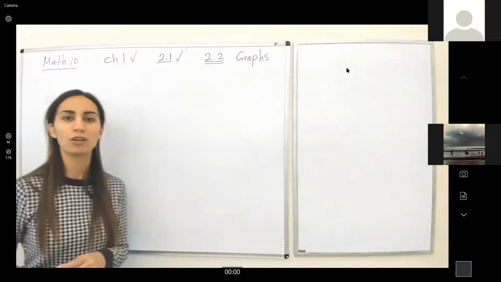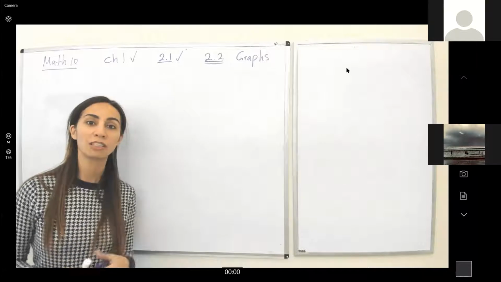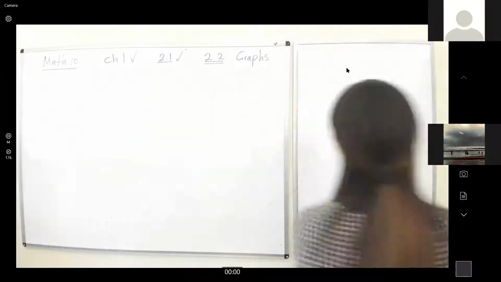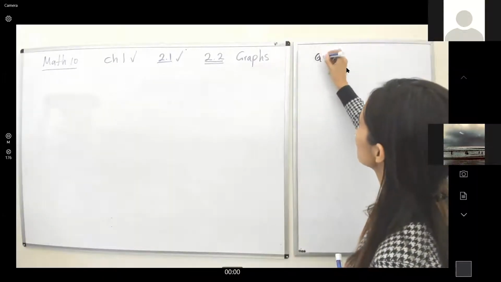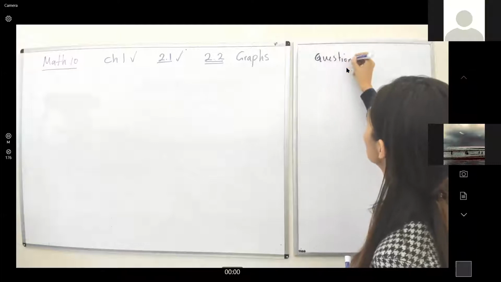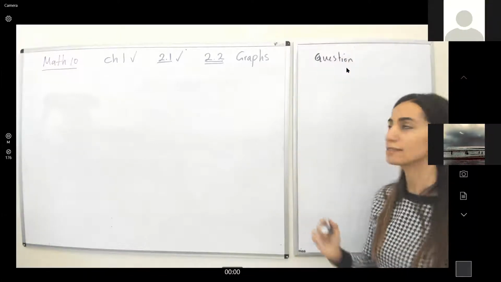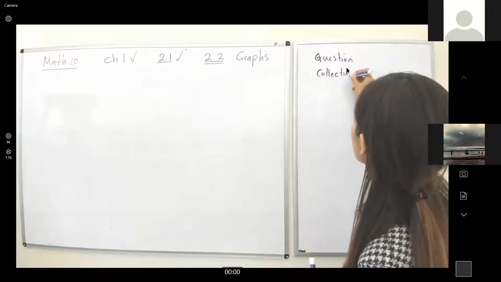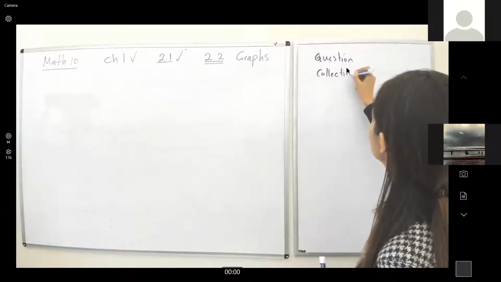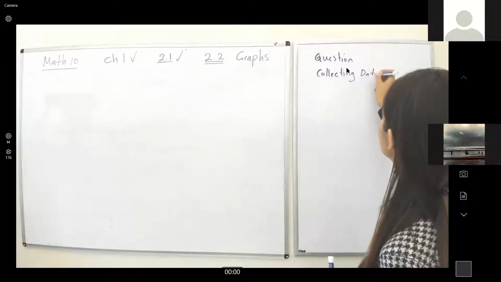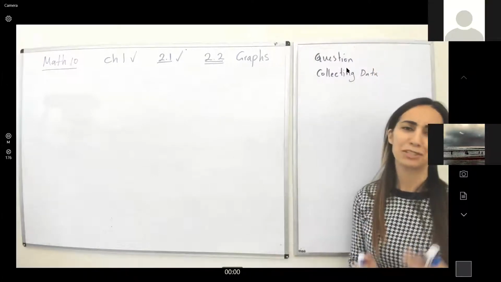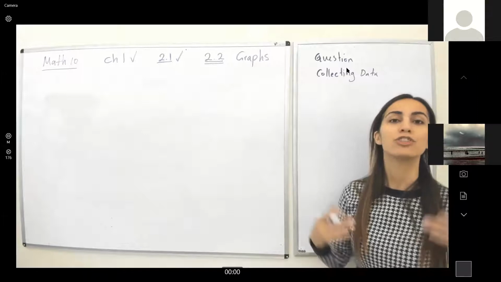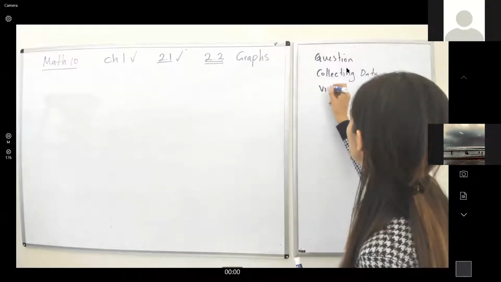Very well. So far we talked about asking a question in statistics, then we start collecting the data. In this step, which is the third step, you're interested in visualizing the data.